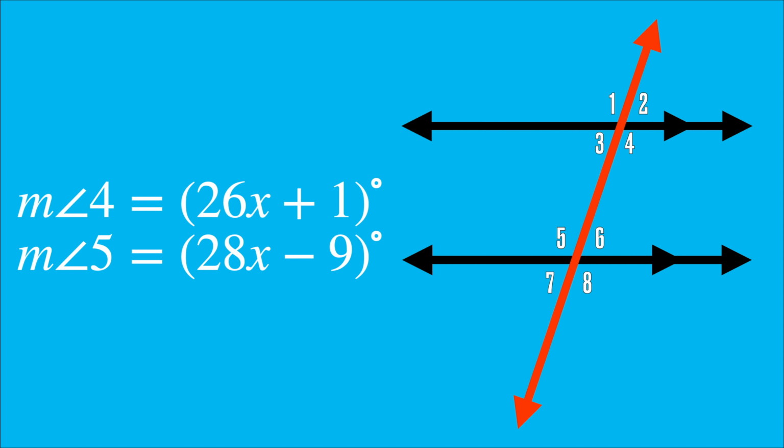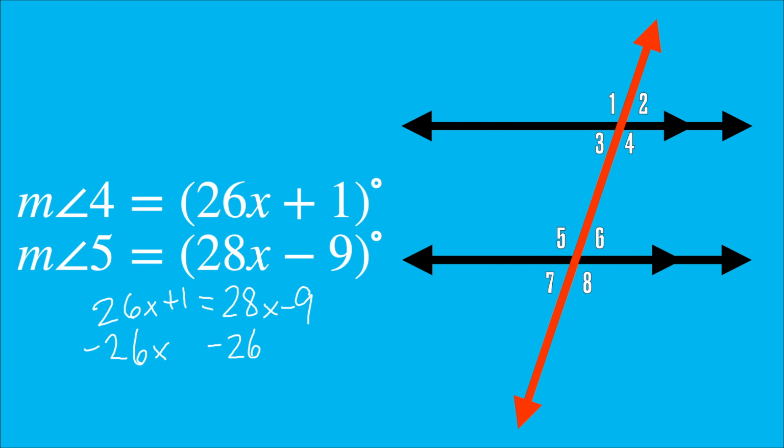All right, so this time we are given the measure of angle 4 and the measure of angle 5. So 4 and 5 are alternate interior angles, which means that they are congruent. So I would say 26x plus 1 equals 28x minus 9. At that point, I want to get all my x's on the same side, so minus 26x.